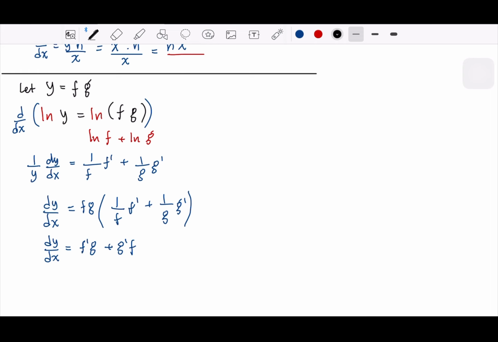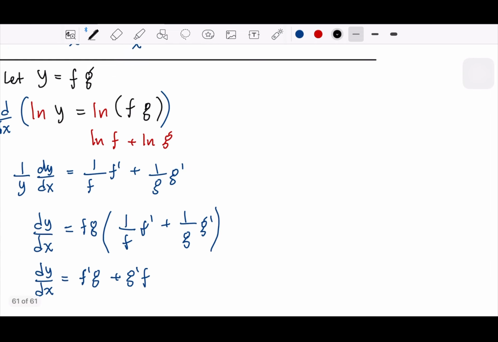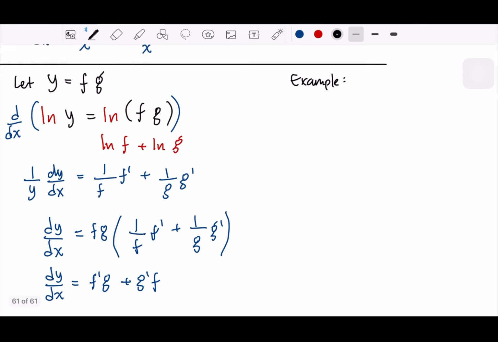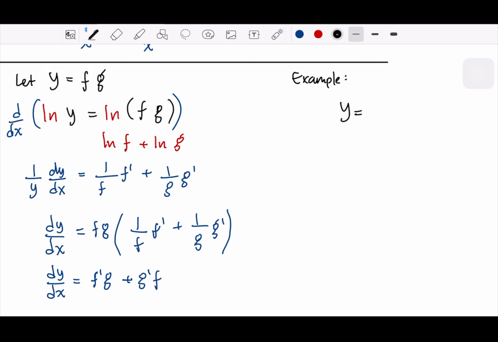Okay, for example, let me write some complicated function like this. So y is, okay, crazy numbers like that. It seems really complicated, right?